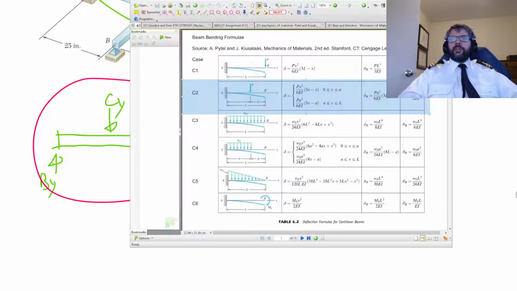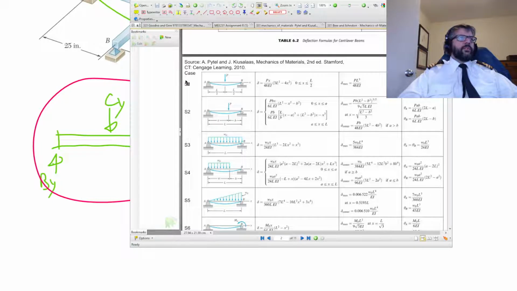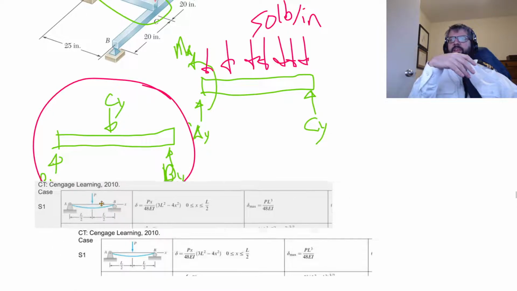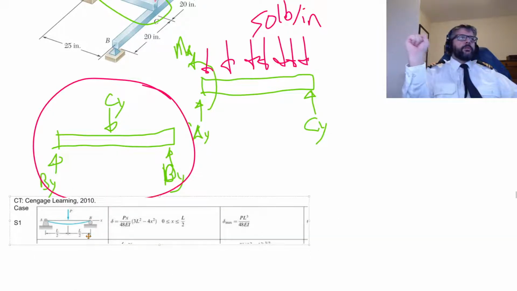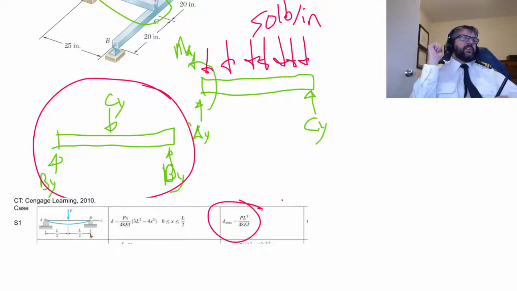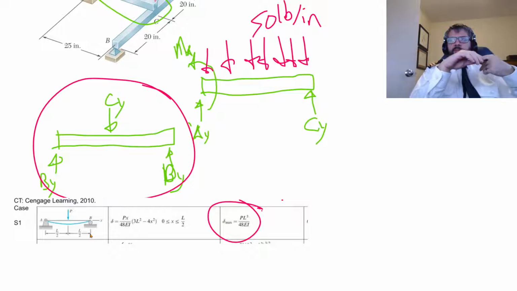So we know that we can use these formulas here to describe the relationship between its displacement and the load. So that's the displacement in terms of the load. We can reformulate that to give us the load in terms of the displacement.